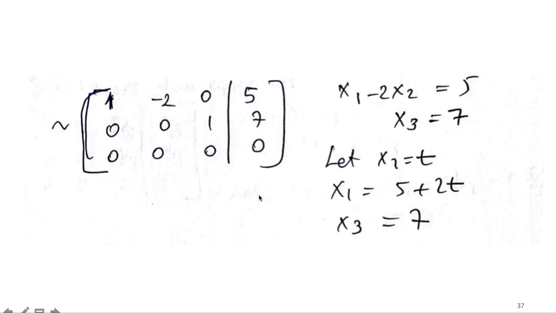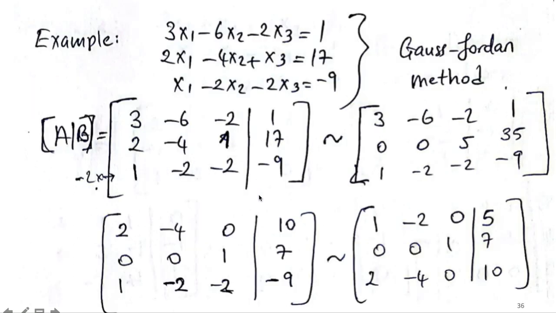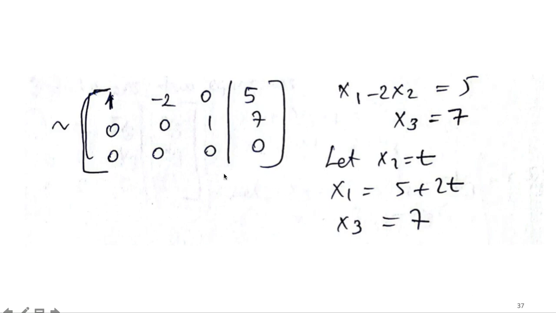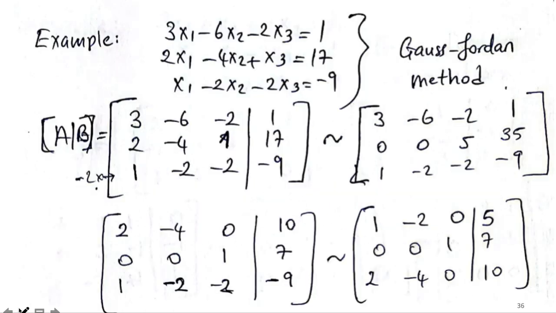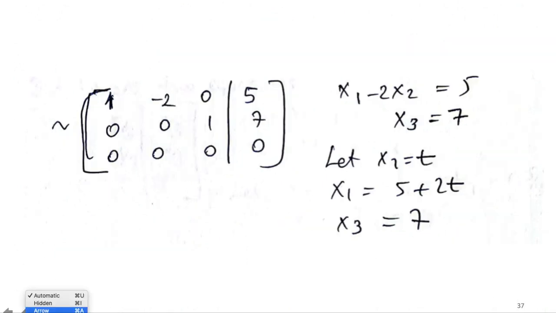The next thing is we can multiply the first row by -2, let's say, and then add to the last one, so you will get 0, 0, 0, and the right-hand side is also 0, as we observe in this row.